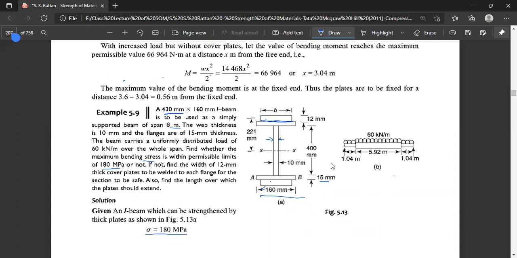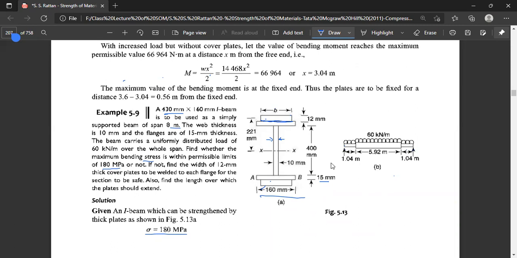You have to add to this moment of inertia the area of this plate, B into 12 millimeter, multiplied by the square of the distance of the centroid from the central axis.